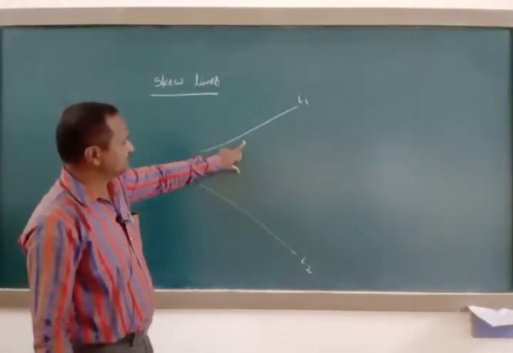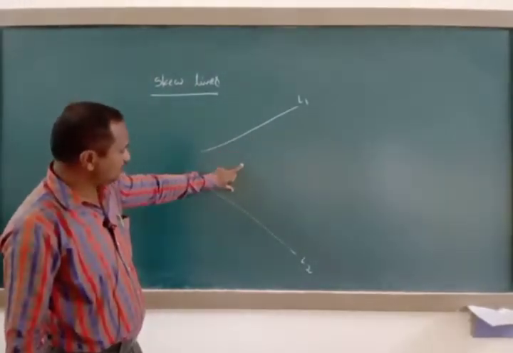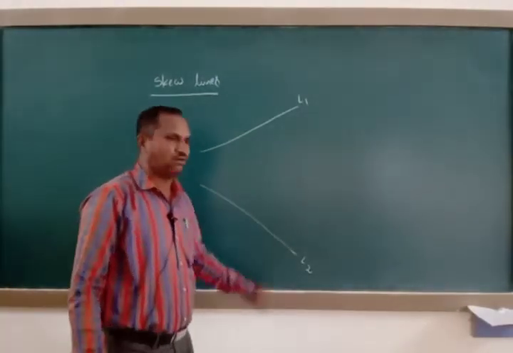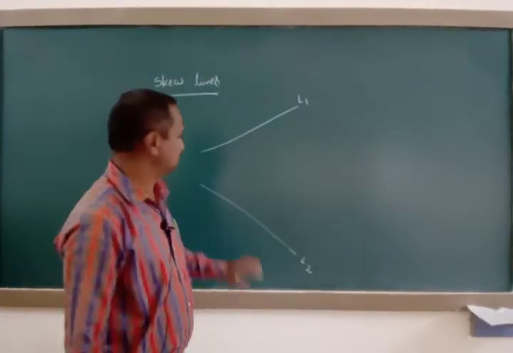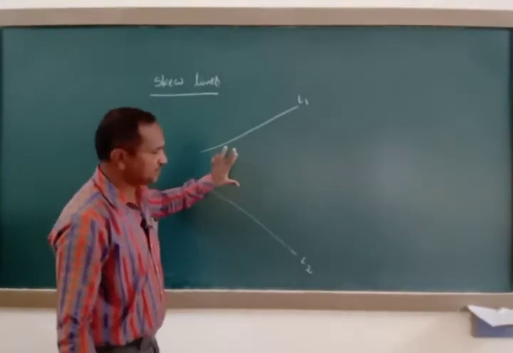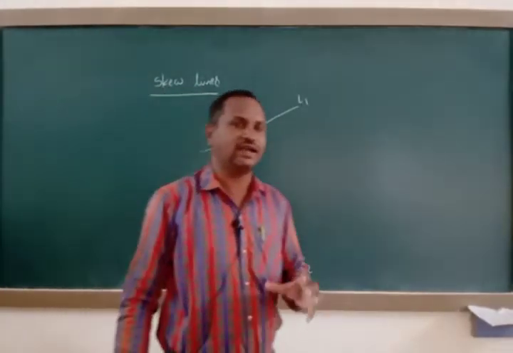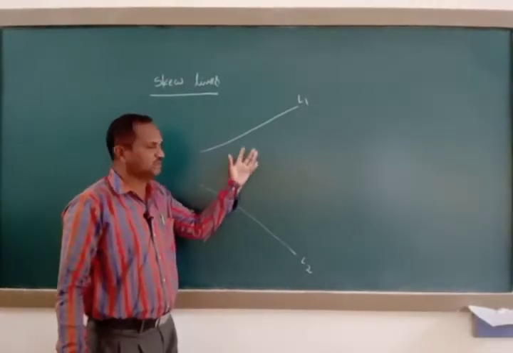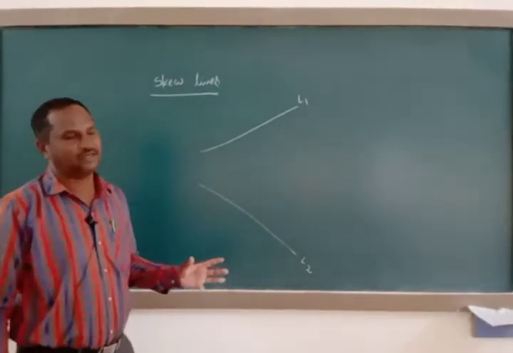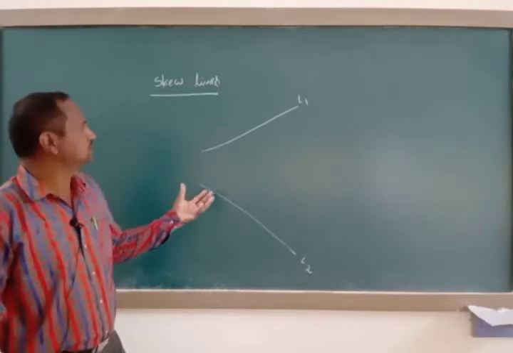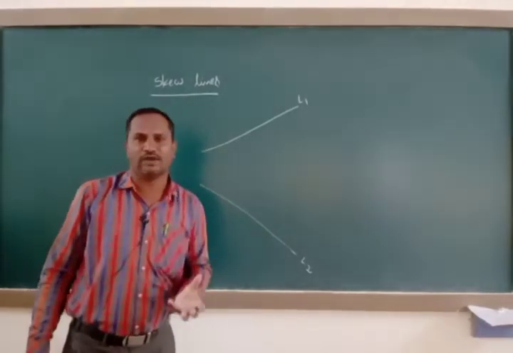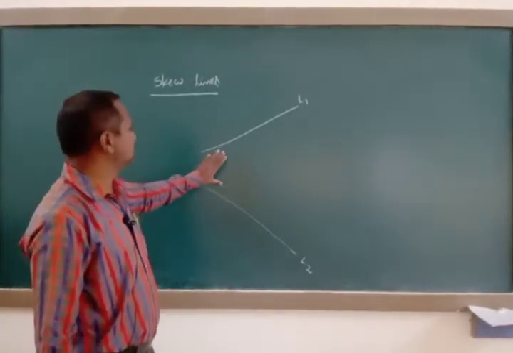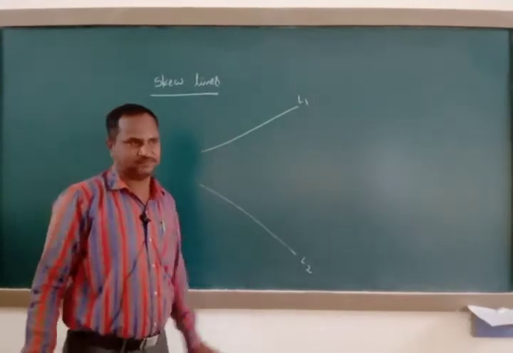The distance between the skew lines L1 and L2 is called the shortest distance. That shortest distance we have to find out. Today we will discuss the theorem on this.